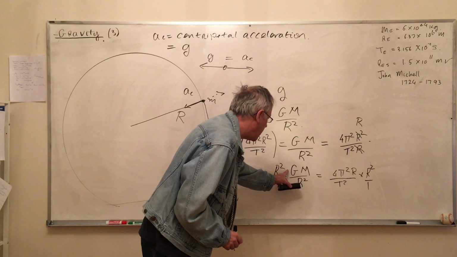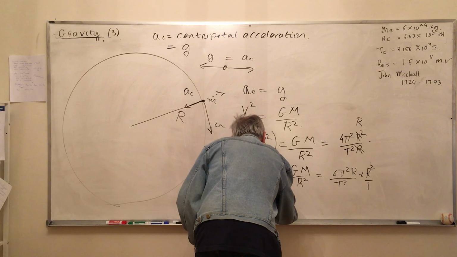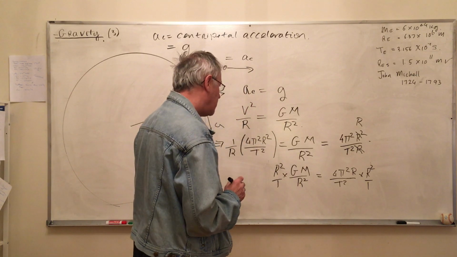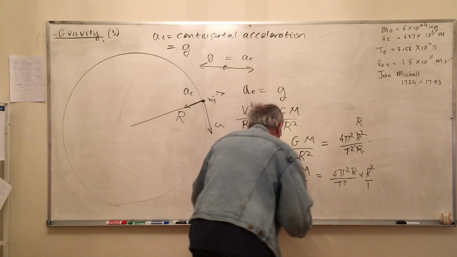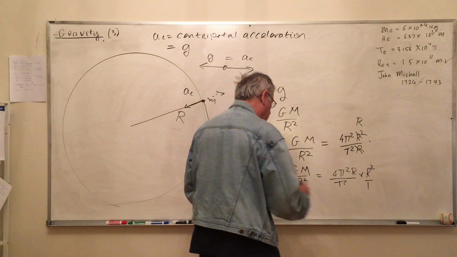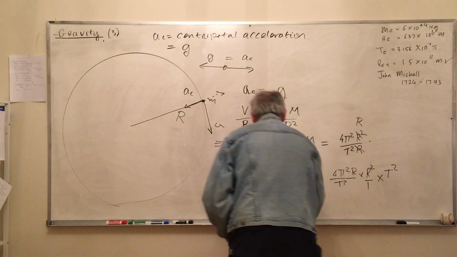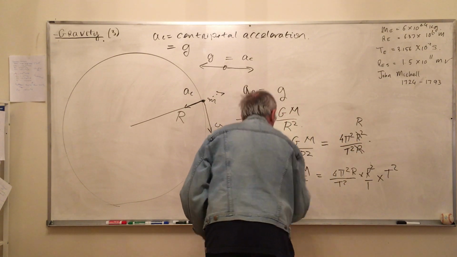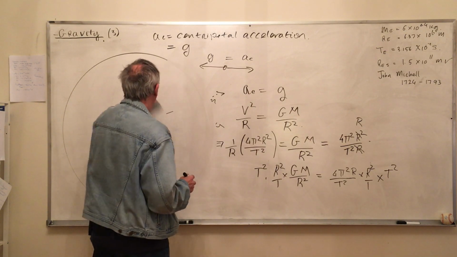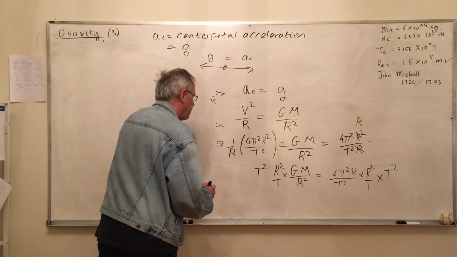We'll divide both sides by GM. No, I'll leave it this way. Okay, so let's see. Yeah, we'll divide both sides by GM. We'll multiply by T squared, actually. I'm making this too complicated for you guys. Look, it's very simple. I was trying to do too many steps for you, and in the process, missing the point.